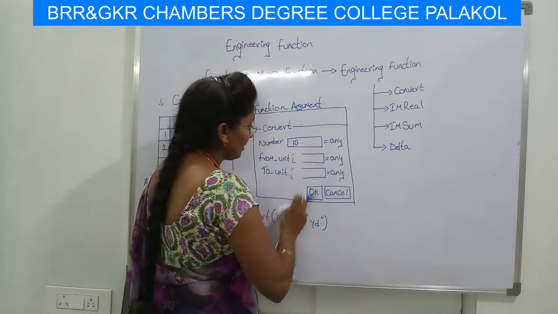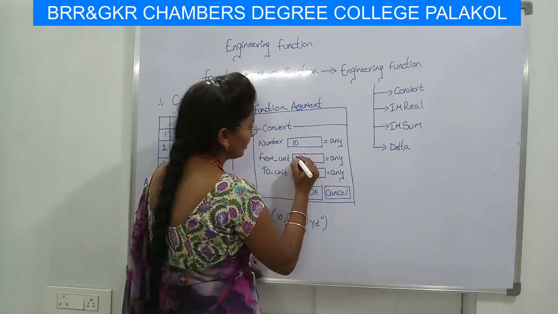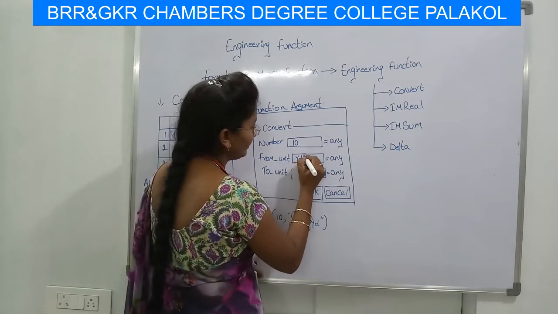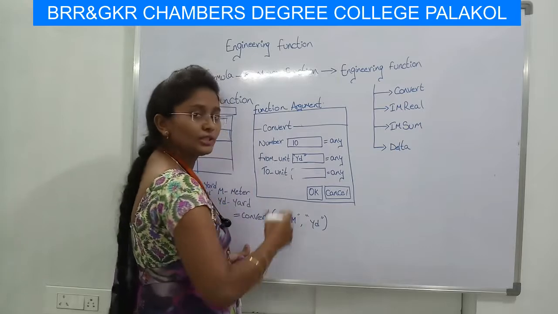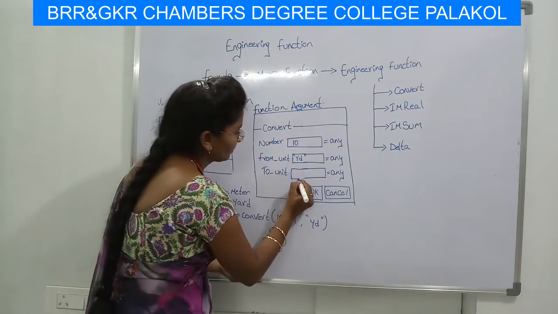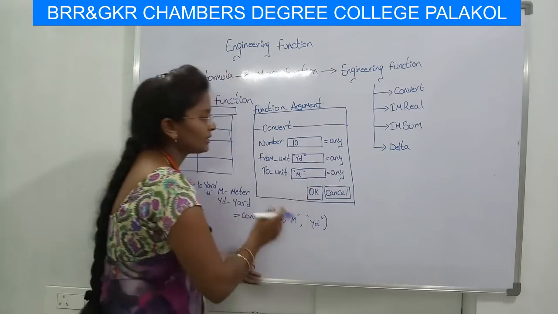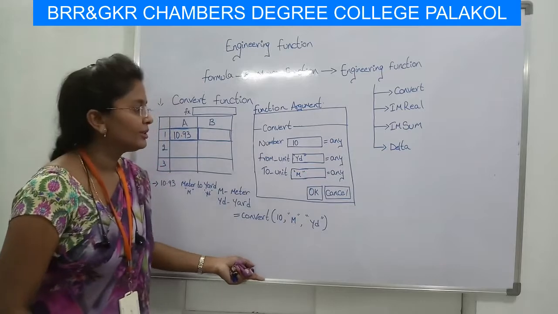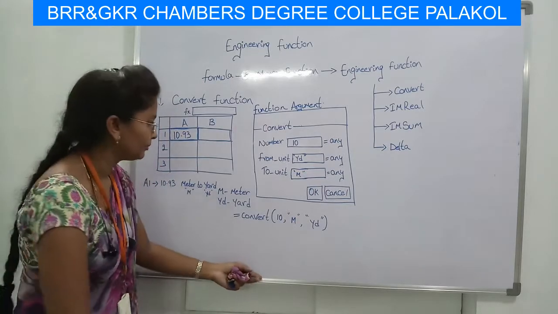That means I am selecting from unit as YD, that means yard, displayed in double quotations, and then to unit is meter. That means I am reversing it, meter into yard and yard into meter.